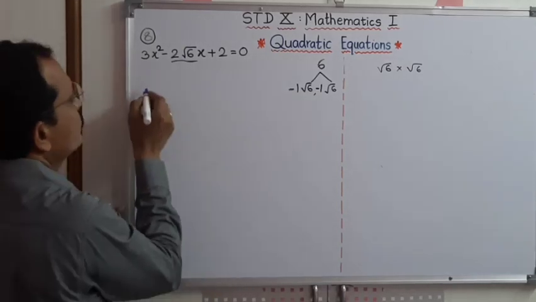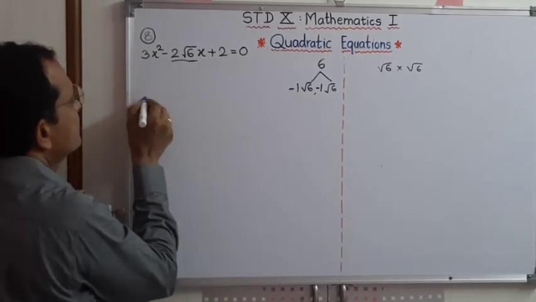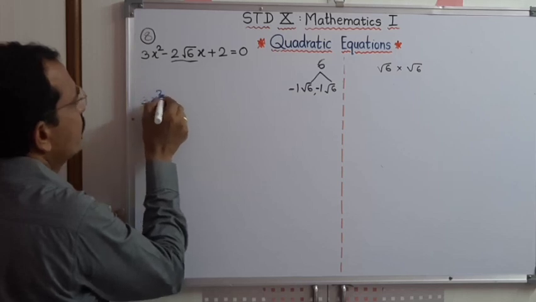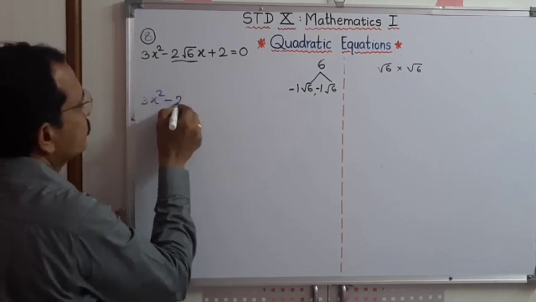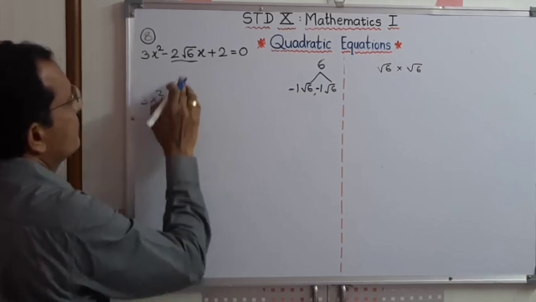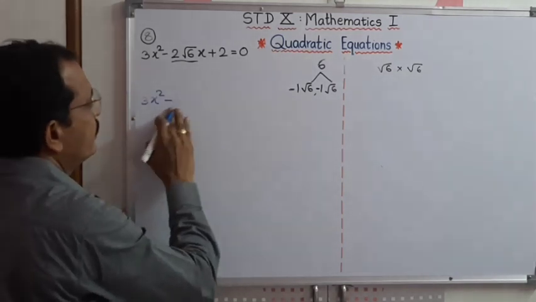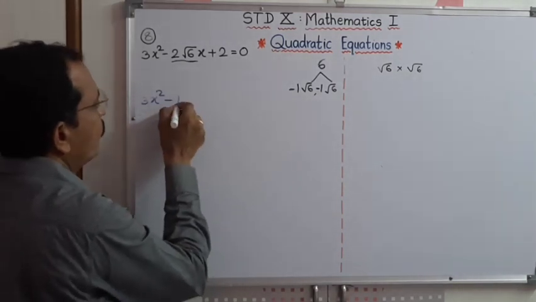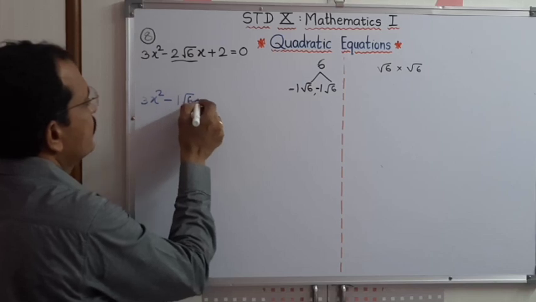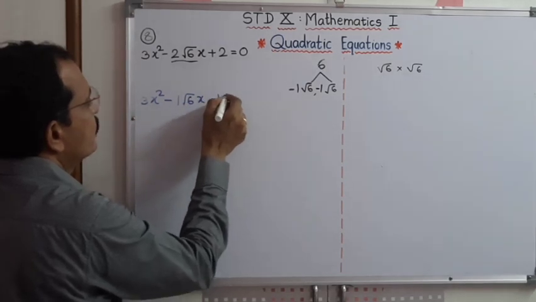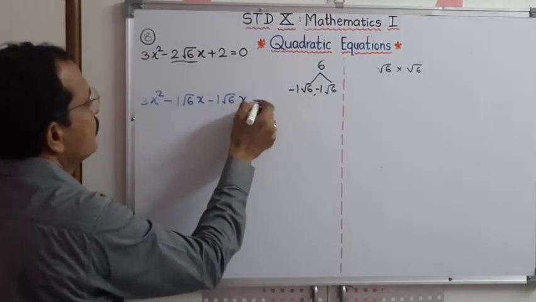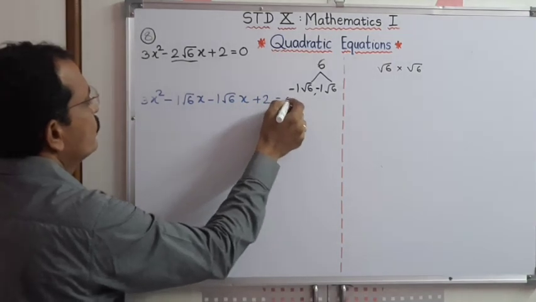Now we have to solve this. This is 3x square minus, instead of this 2 root 6 we write here 1 root 6 x minus 1 root 6x plus 2 equal to 0.